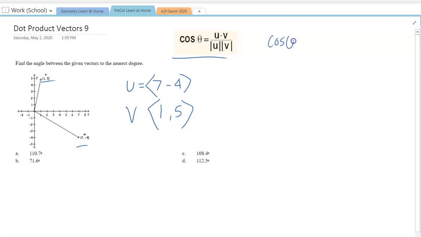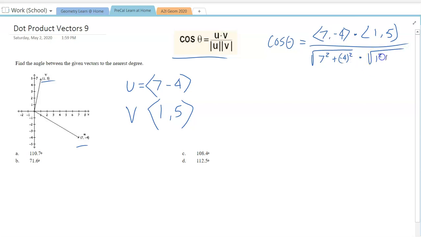So cosine of theta equals 7, -4, dot product 1, 5 over magnitude of U times magnitude of V. And that's the magnitude, remember, is just the hypotenuse on a right triangle, or a Pythagorean theorem question is how I solve them.